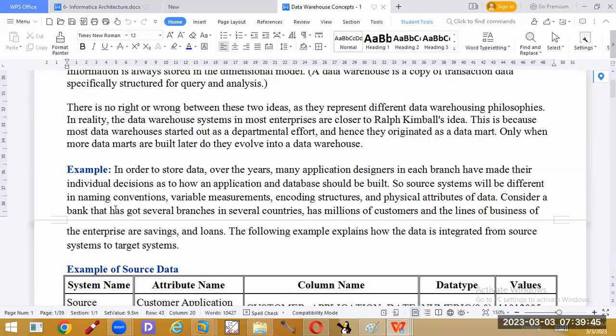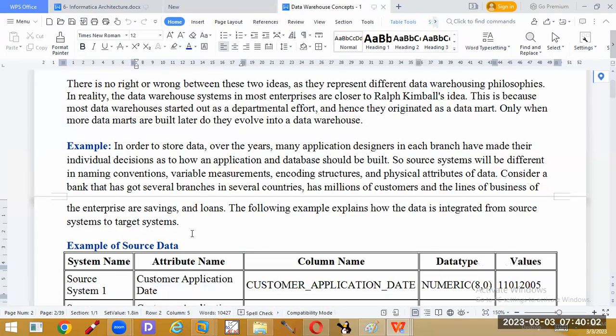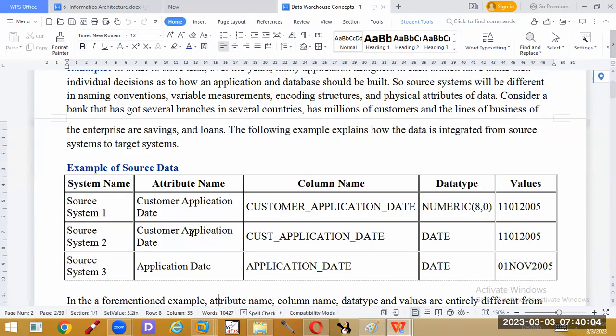Consider a bank that has several branches in several countries, has millions of customers, and its lines of business are time savings and loans. In the following example I have given some example of how to design that: source system 1, source system 2, source system 3.